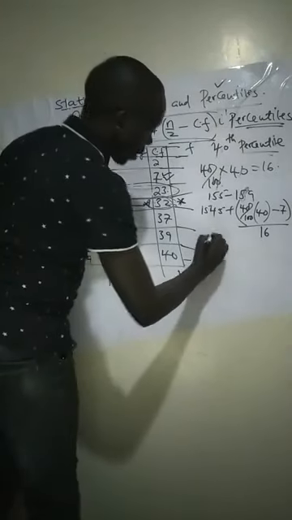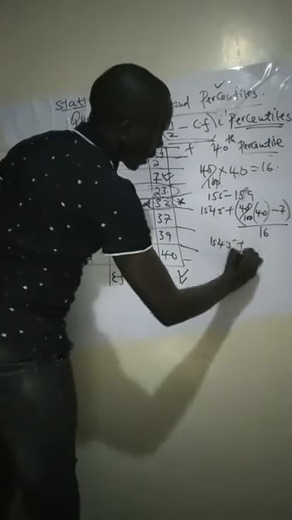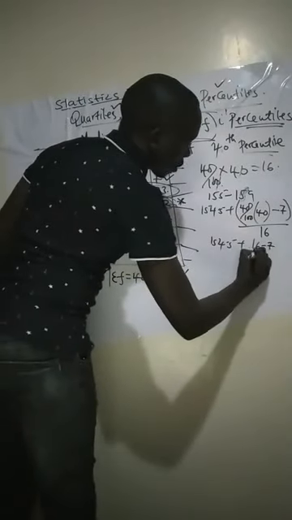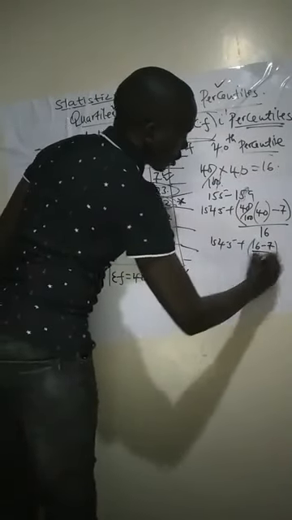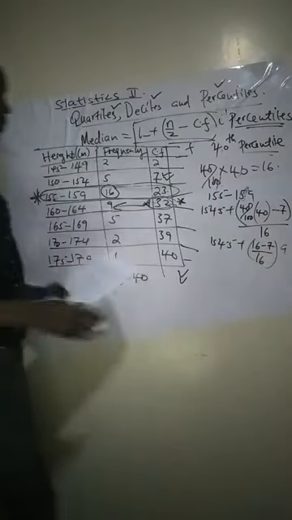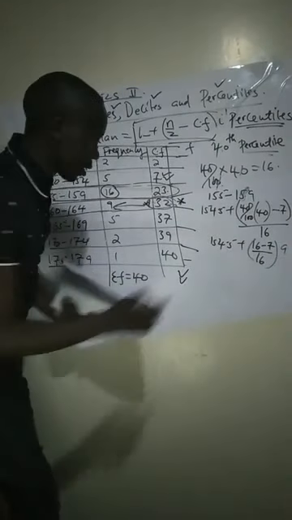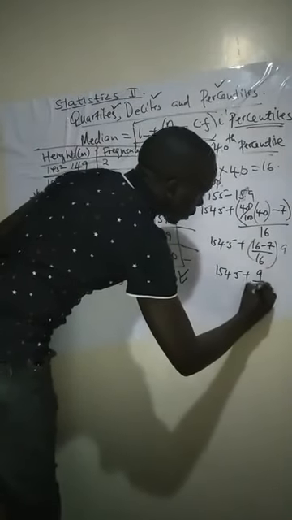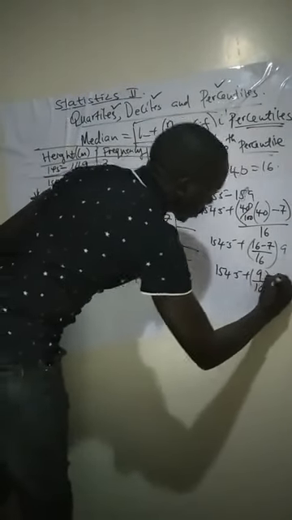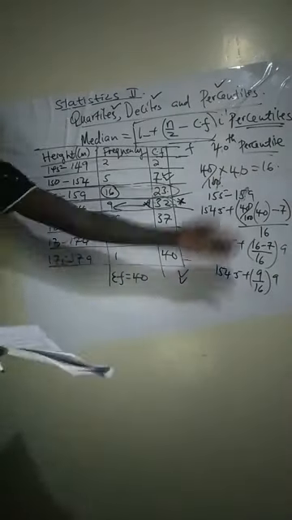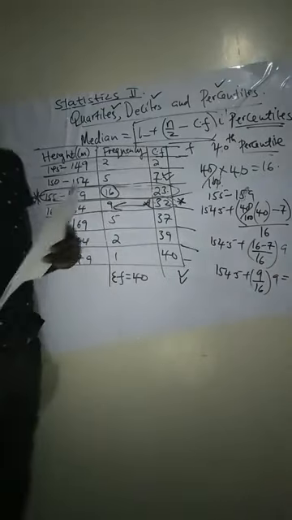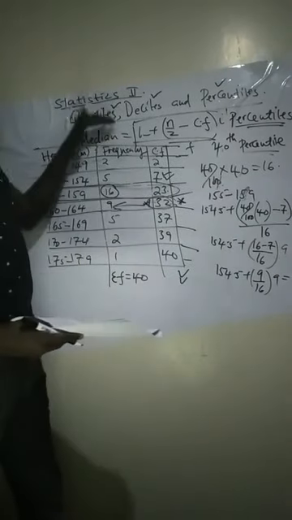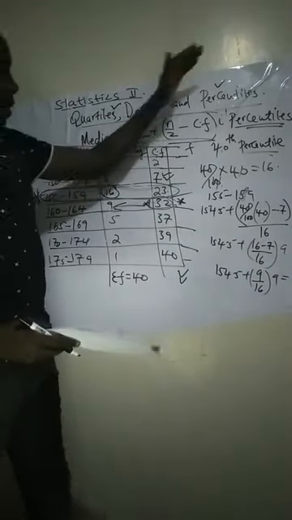So here we have 154.5 plus 16 minus 7 over 16 times 5. This will give us 154.5 plus 9 over 16 times 5. Then from there you should be able to solve that and get the correct answer. So that is basically what happens with quartiles, deciles, and percentiles.